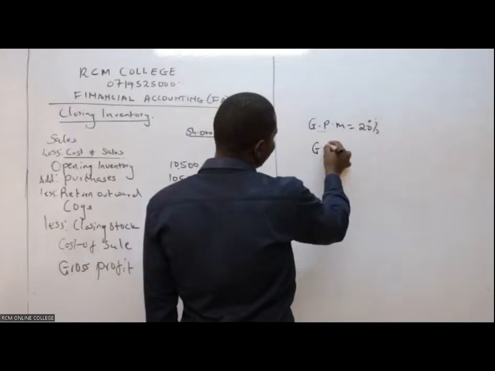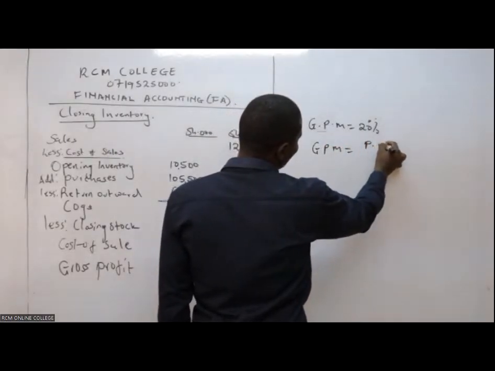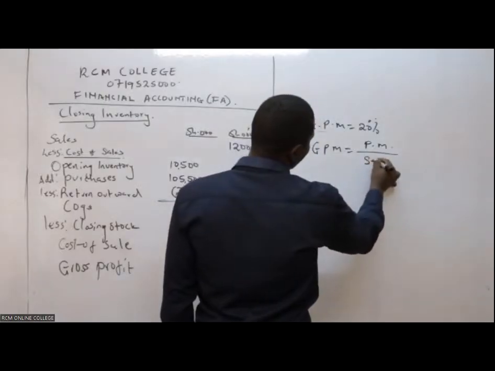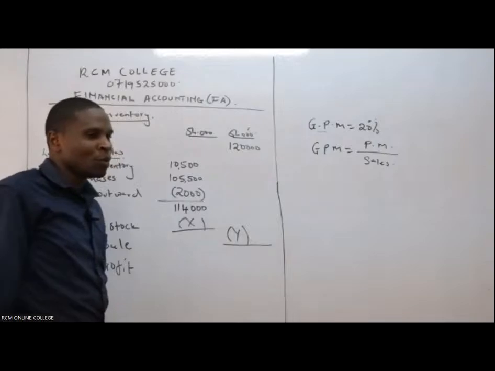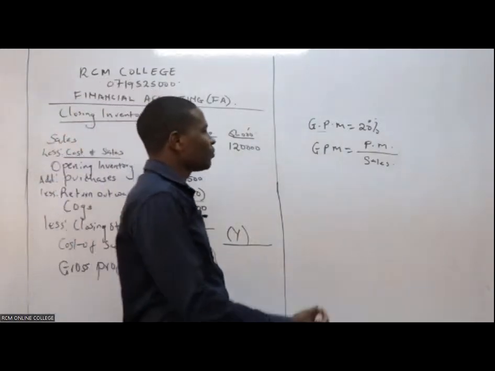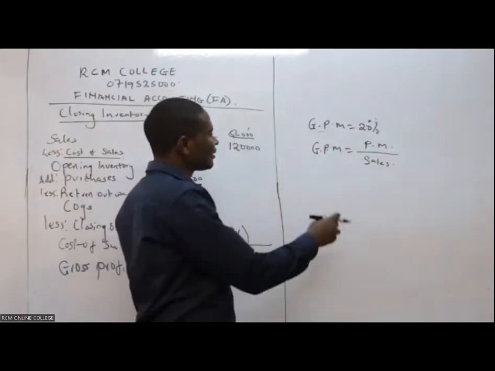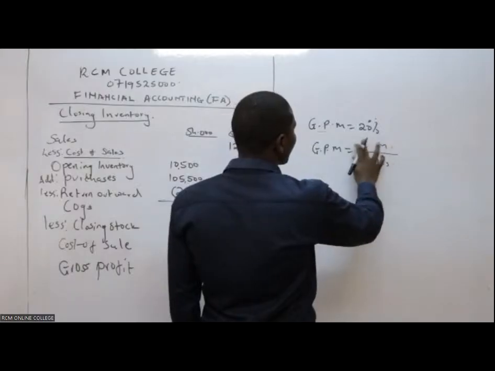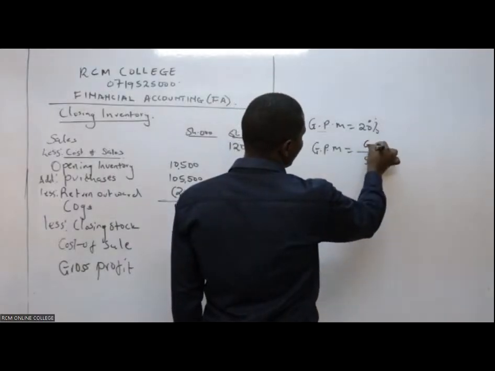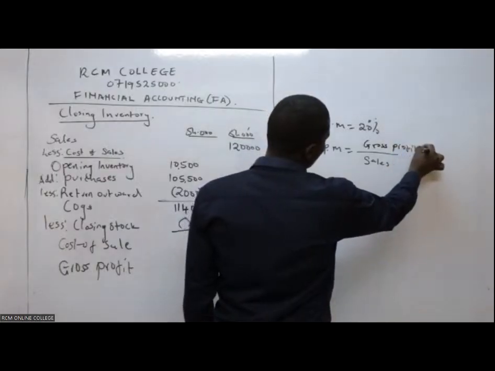Gross profit margin is gotten by gross profit divided by sales. Now, in this case, can you tell me which value do I have? We can have the gross profit itself here over sales.